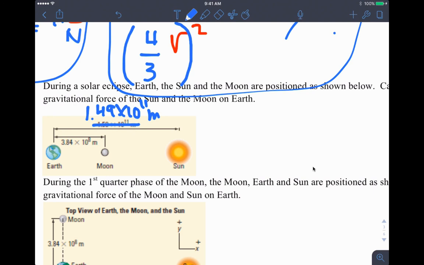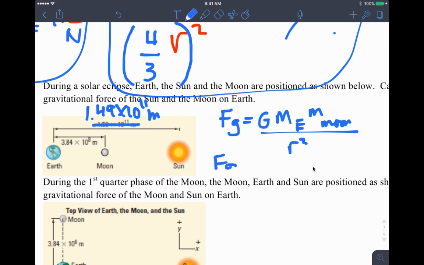So what you do is calculate the force of gravity between the mass of the Earth and the mass of the Moon over the separation distance between those squared, and then you do it again for the mass of the Earth and the mass of the Sun. So you're going to get two forces of gravity, and in this case, they're acting together.